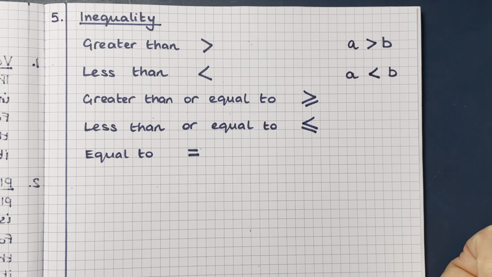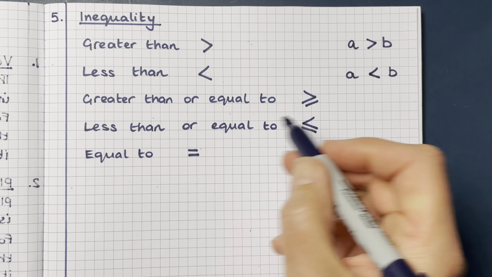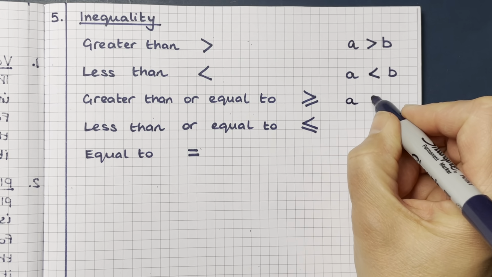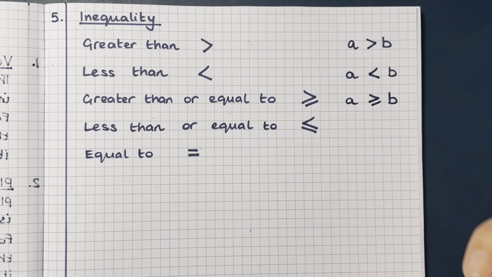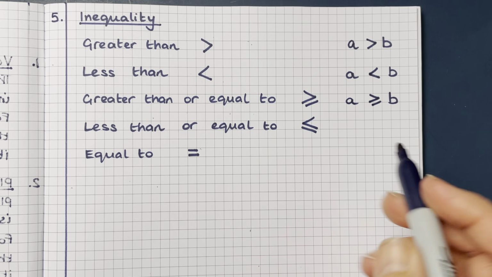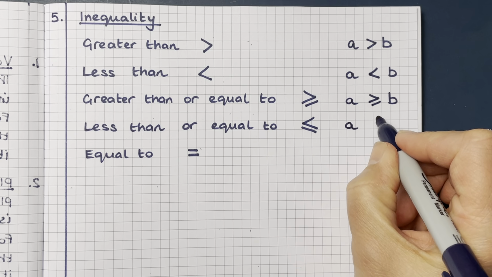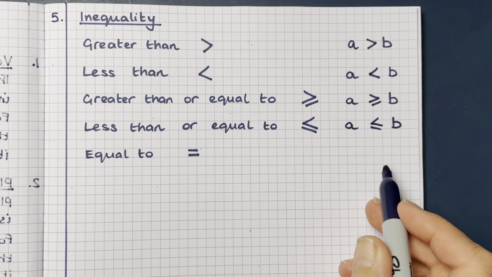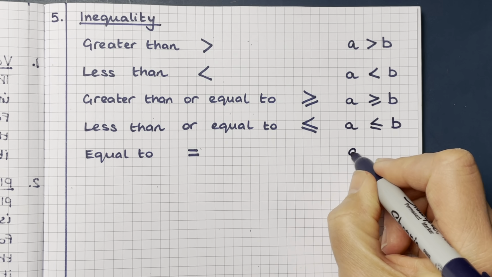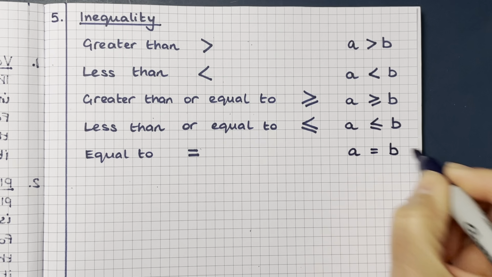We don't know what they are. We could say that A is greater than or equal to B, and we could say that A is less than or equal to B. Finally, we could say that A equals B.